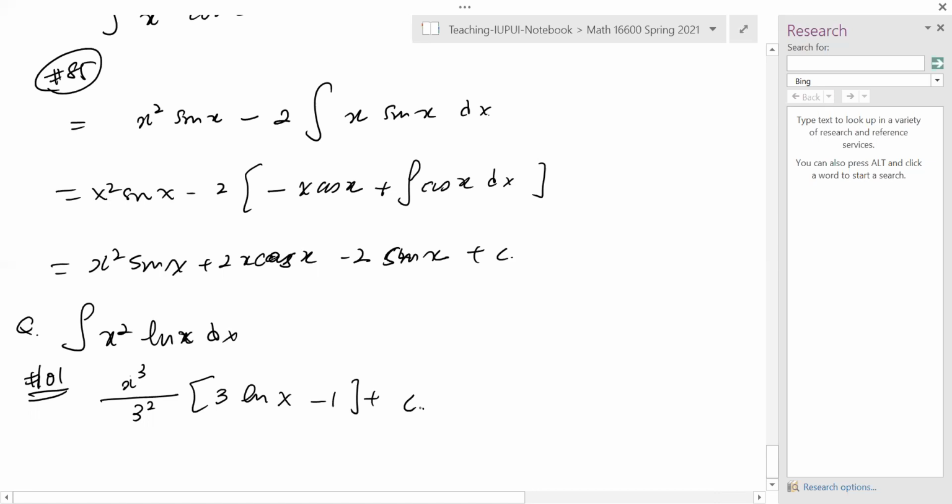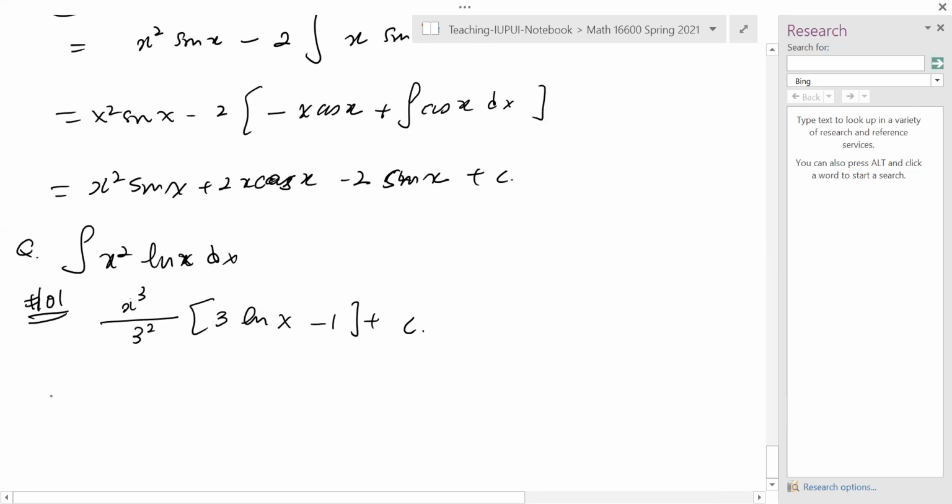That's it. So we can quickly write down the answer: 1/3 of x cubed natural log of x minus x cubed over 9 plus a constant. Pretty fast.